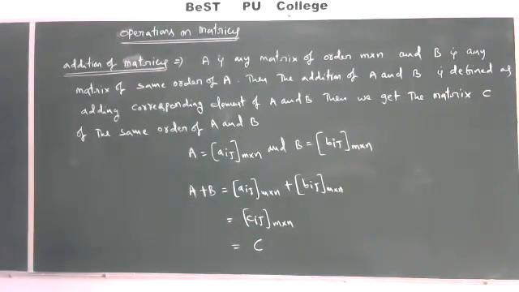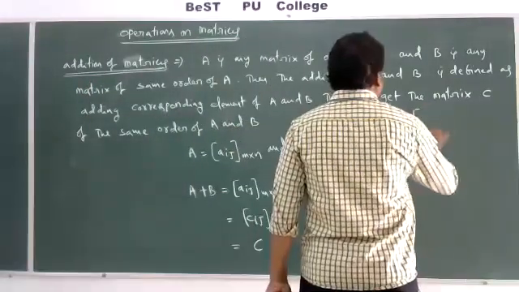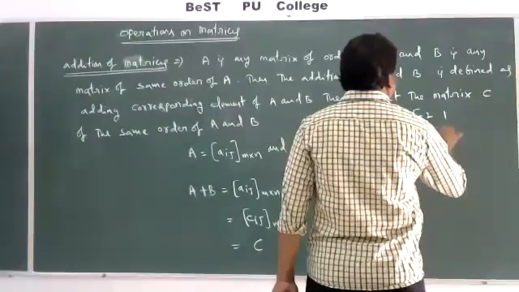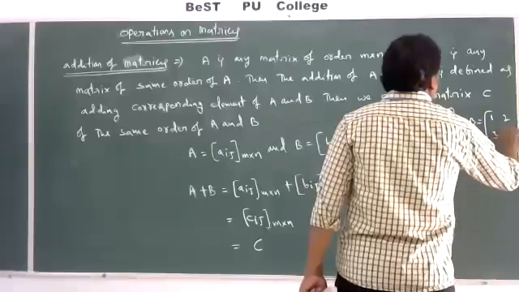Observe the example, then you understand. For example, if A is any matrix of 2 by 2, you take A is equal to [-2, 1; -3, 5], and B is equal to [1, 2; 3, 4].